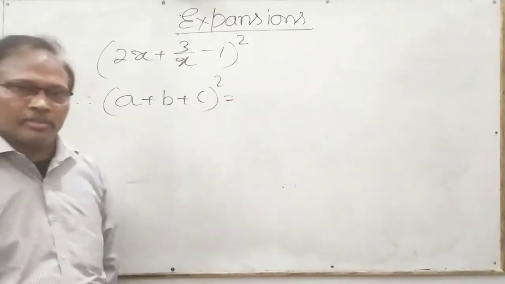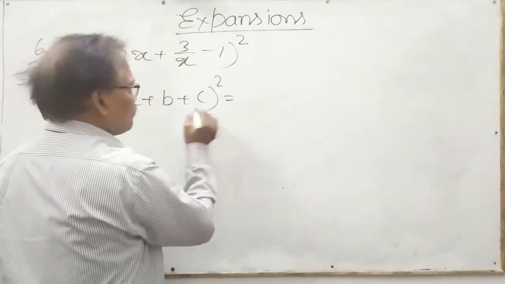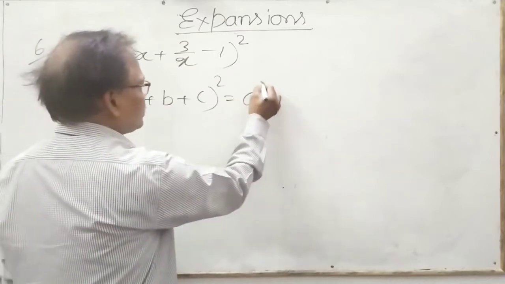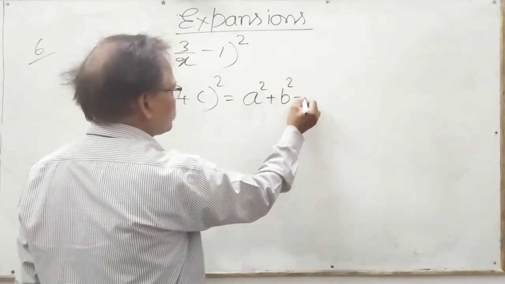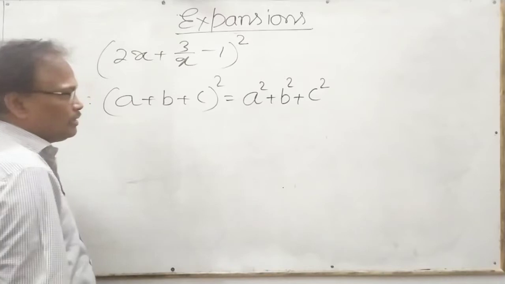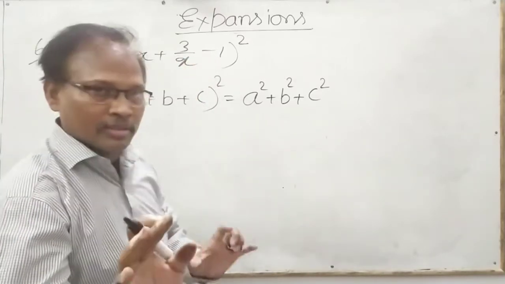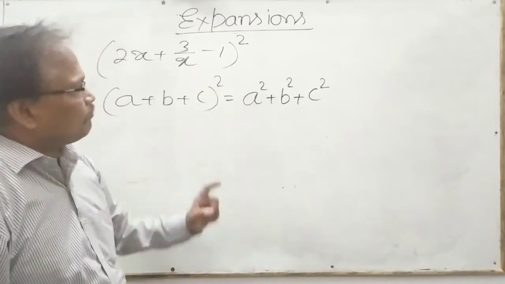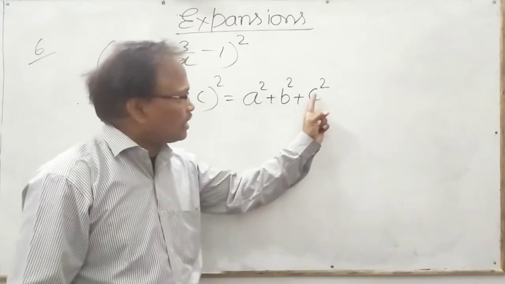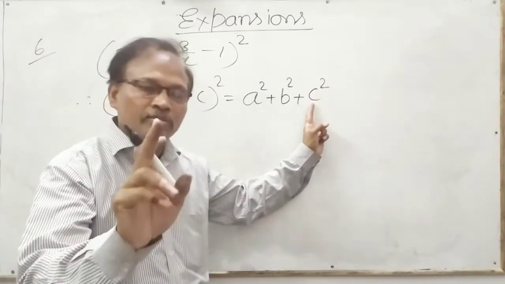Apply this formula. And what is the expansion of this? a square plus b square plus c square. Clear? Take the square of everything. Whether it is minus, here this is minus 1, but you will get (minus 1) whole square, meaning plus 1.